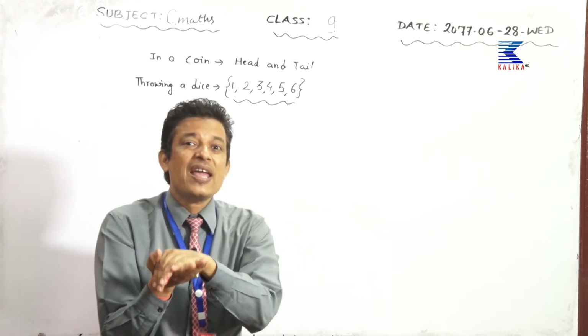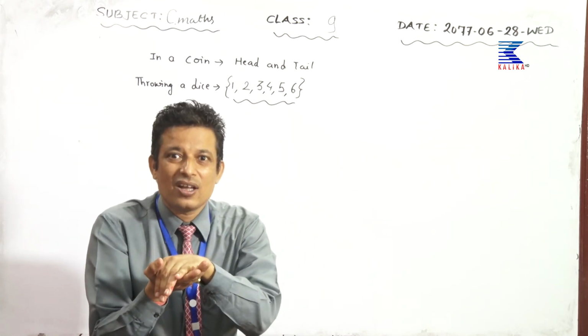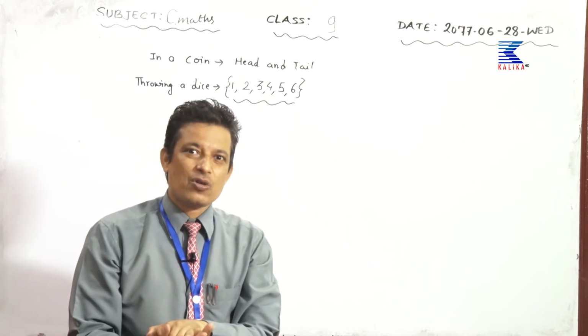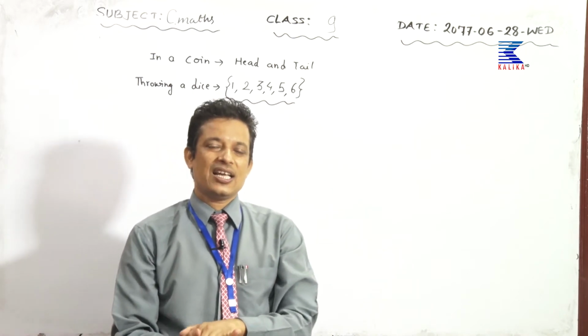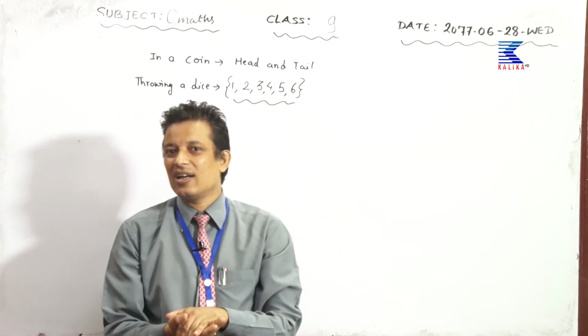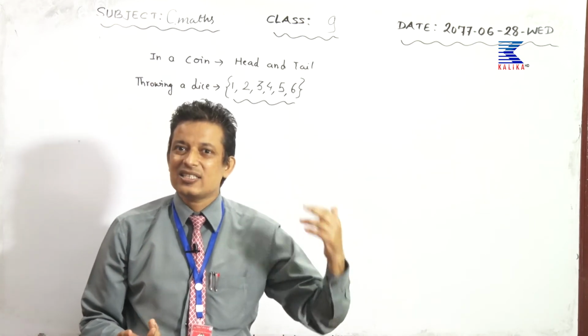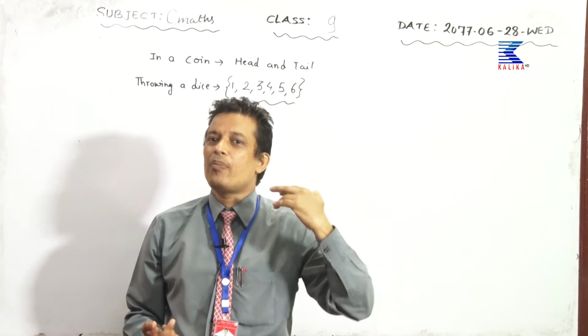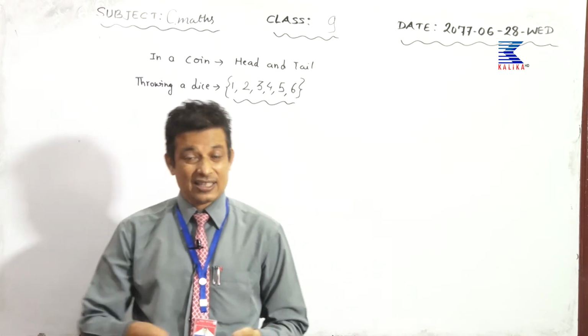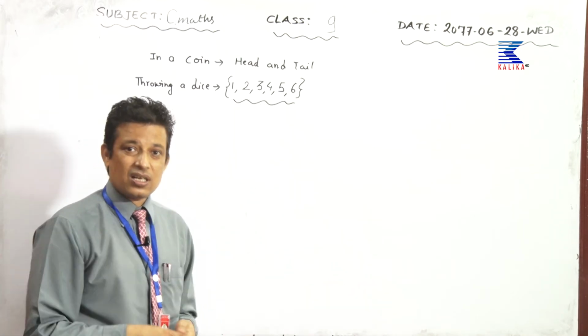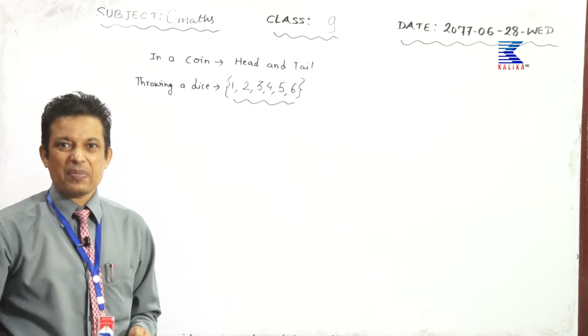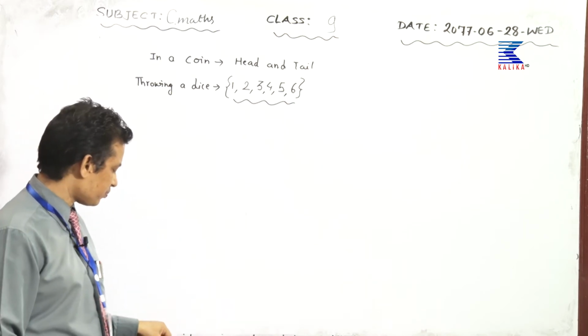So, what may occur at the top? Possible outcomes in the case of a coin are either head or tail. These are known as two possible outcomes. And the experiment, I have just told you, is the action we made for probability.